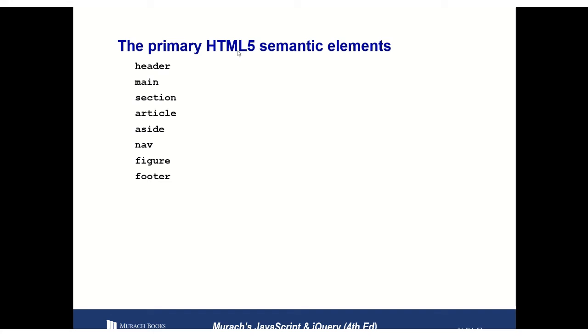These are the HTML semantic elements: header, main, section, article, aside, nav for navigation, figure, and footer. Those are the HTML5 semantic elements we are going to use throughout this course.